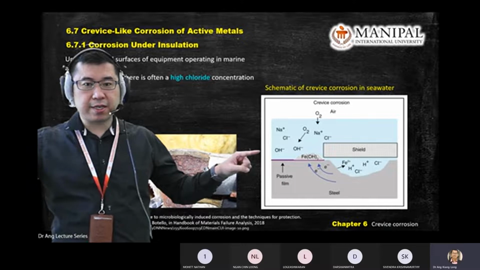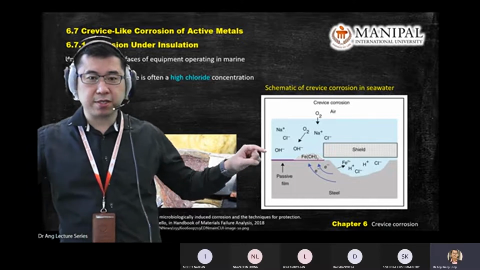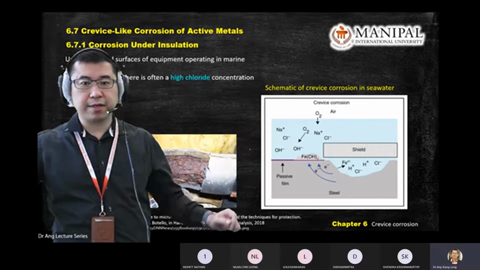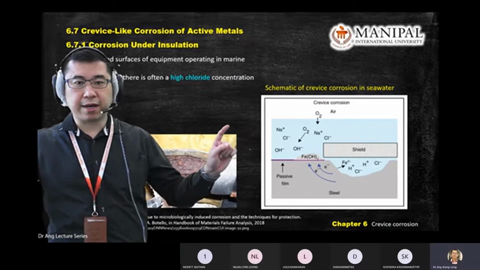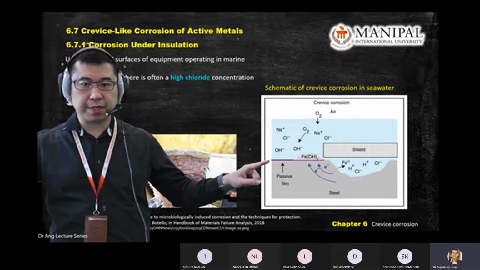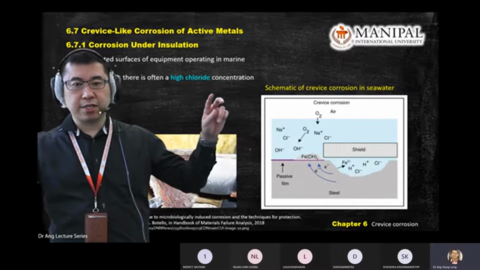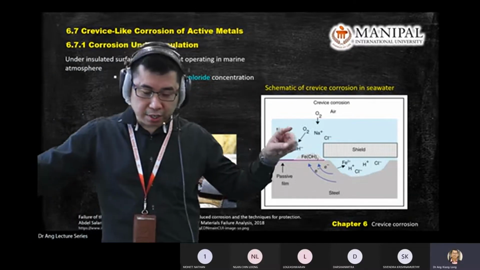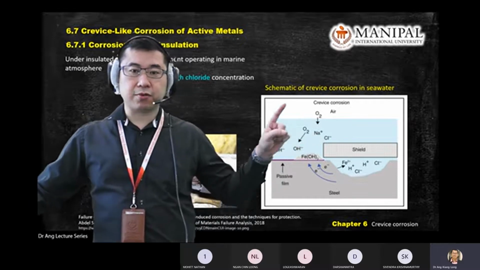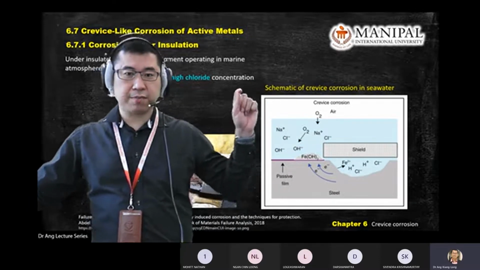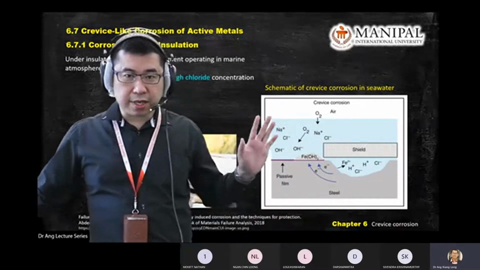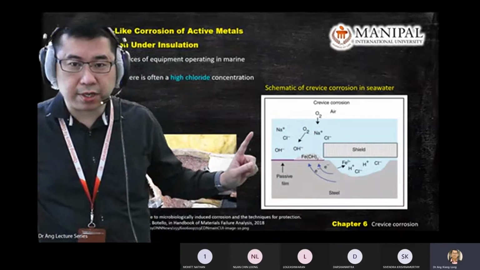Previously, before the break, we already discussed what happens. First stage, you have a passive film over there, and you have incubation, oxygen depletion happens, and so on. Second stage, you have creation of acidic products, and so on. Third stage, you reach a constant potential. So this is just a schematic of crevice corrosion in seawater.